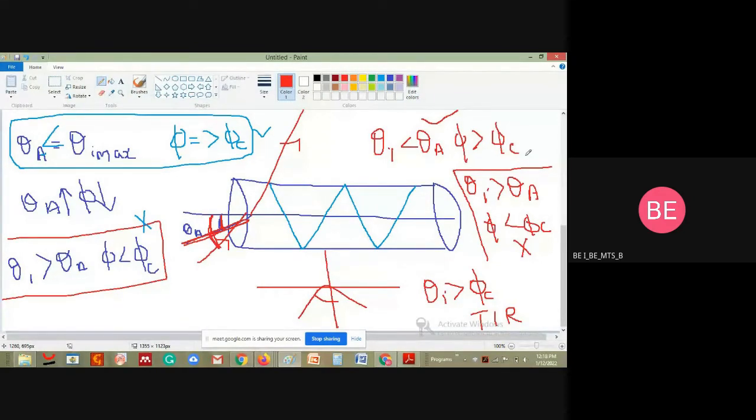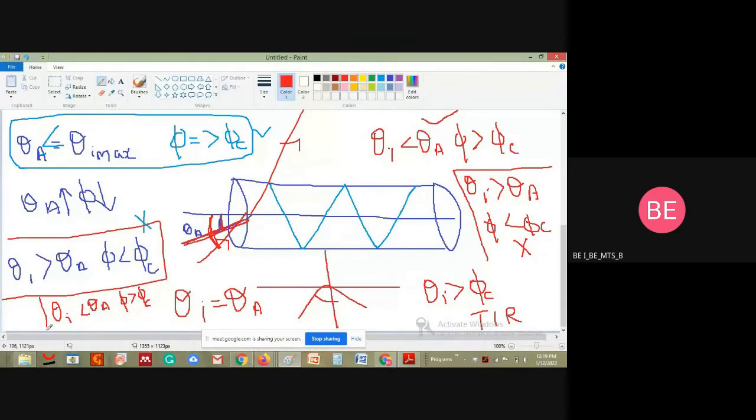Let me ask you a question. What happens when the angle of incidence is equal to the acceptance angle? Let me tell you once again, if the angle of incidence is less than the acceptance angle, phi will always be greater than phi c, and hence total internal reflection takes place, right?